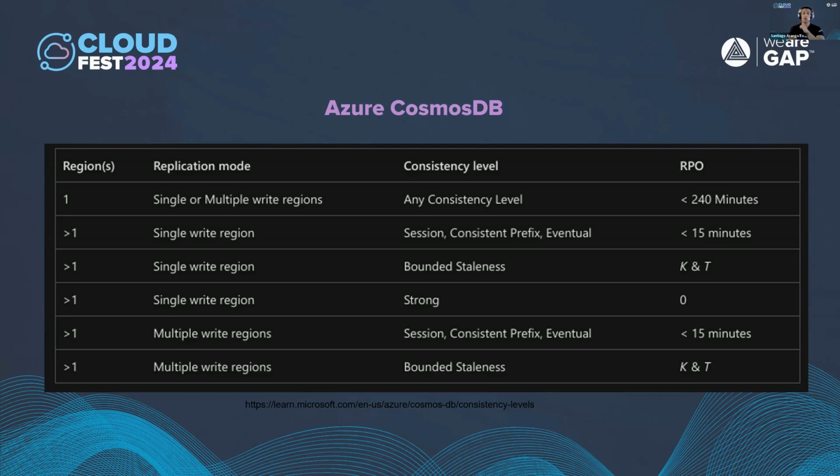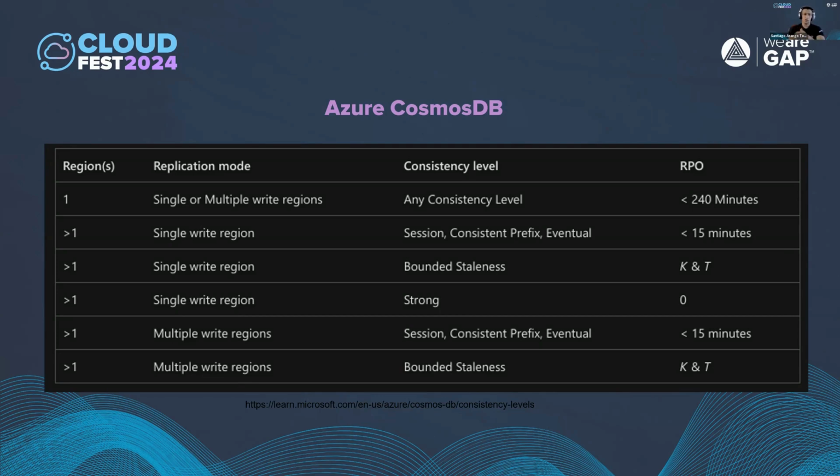But if you choose to have a single region in this case, and you choose session, consistent prefix, or eventual, the recovery point objective is going to be less than 15 minutes. So as you can see, like I spoke previously, everything is about trade-offs. You might have a high consistency of your data, but in some cases, when you are trying to recover from an accident, it's going to translate into more time in order to recover.